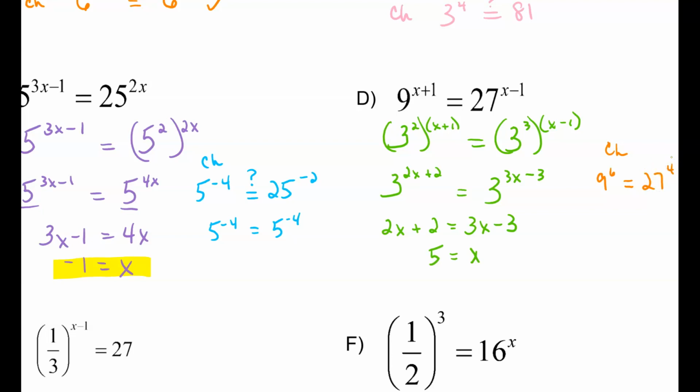So again, putting this in terms that we can compare to, this would be 3 squared to the 6th, so that's 3 to the 12th. This would be 3 cubed to the 4th, so again, 3 to the 12th. So this indeed works. x is equal to 5.